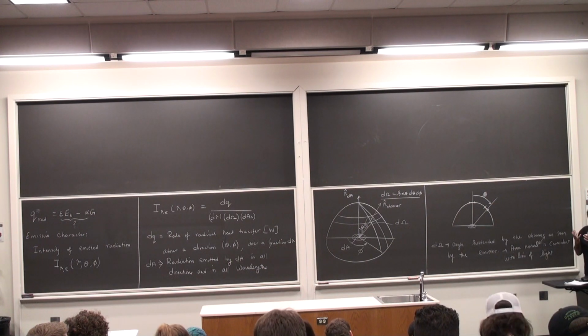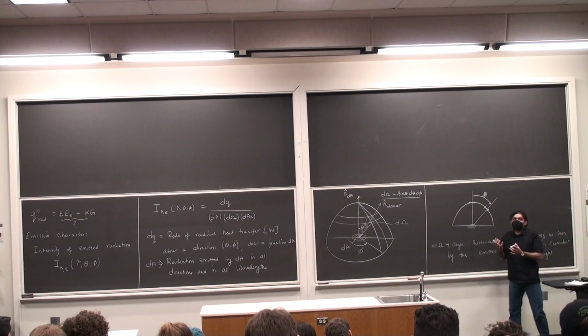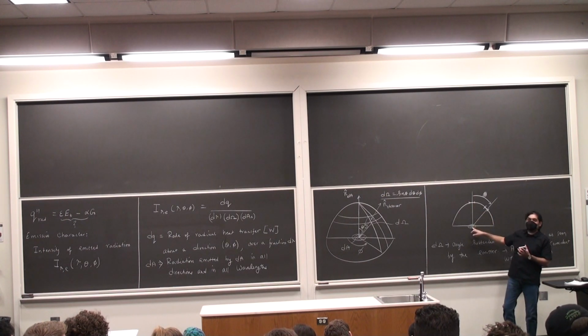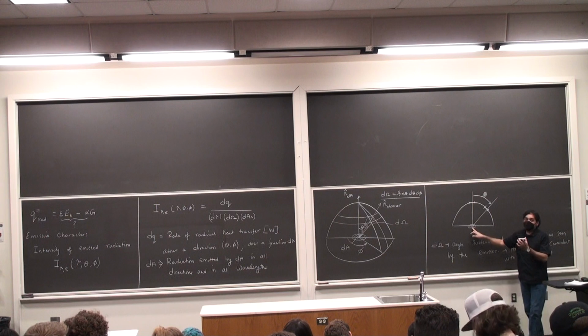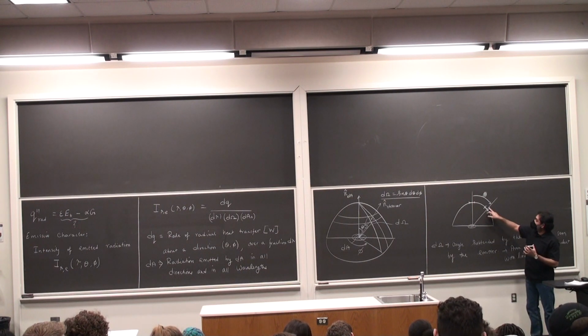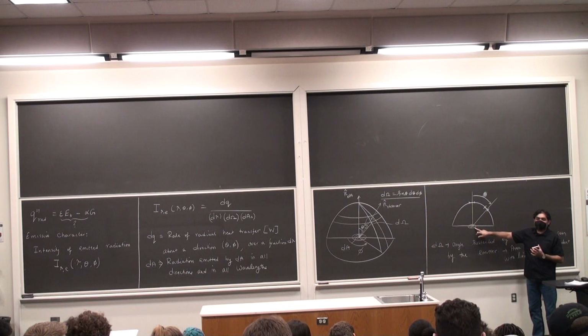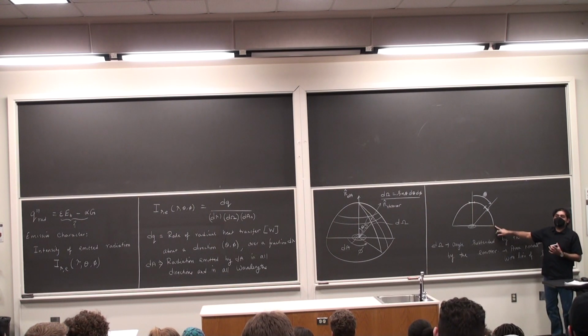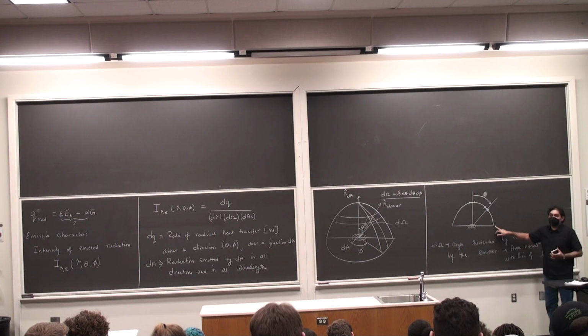The intensity of the radiant rays that I feel as an observer, if I'm sitting and looking straight down on the area dA, is going to be much more than the intensity of the radiant energy I will feel if I'm sitting here and looking at the area dA. And obviously if I'm sitting right here, as we said last class, I will not be seeing anything at all. That area dA will be represented as a point.